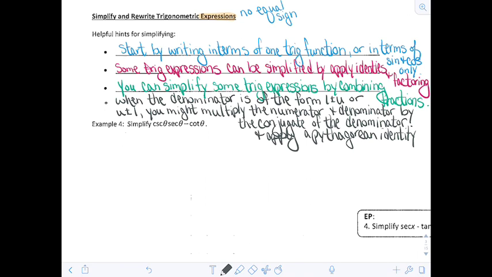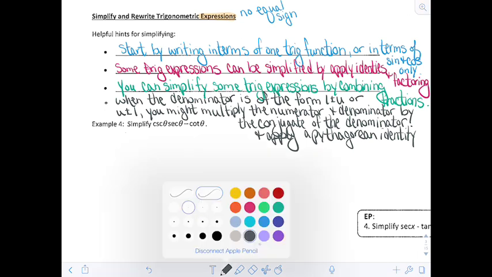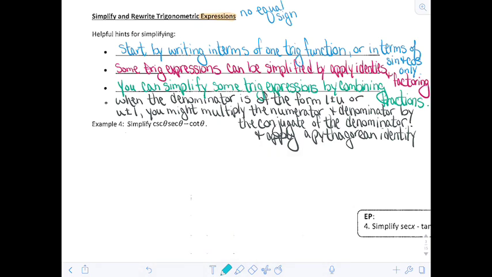It says to simplify the cosecant times the secant minus the cotangent. So to simplify, again, our goal is to write this as simple as possible, maybe in terms of 1 trig function, maybe 2, but usually just 1. So to do this, we start kind of thinking, and guys, get used to trial and error.